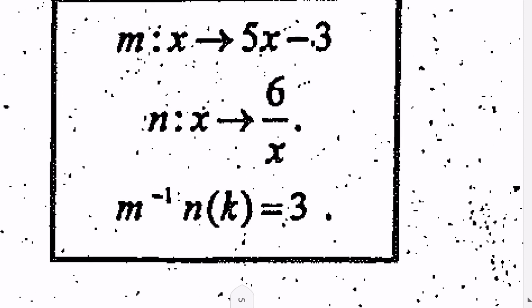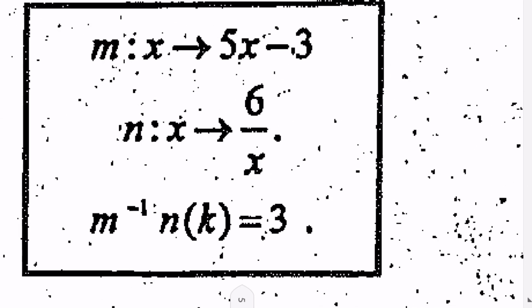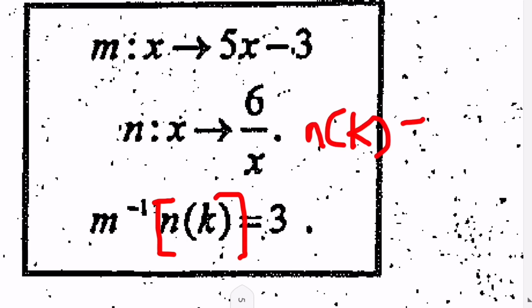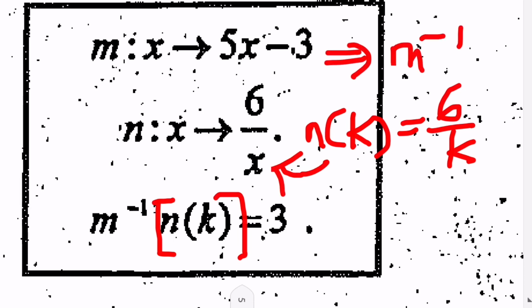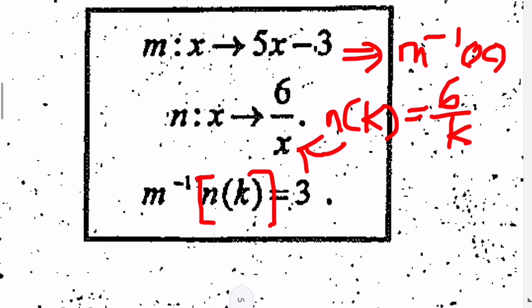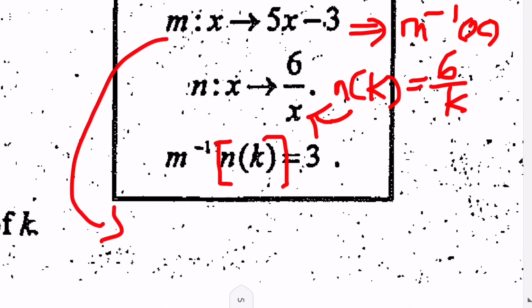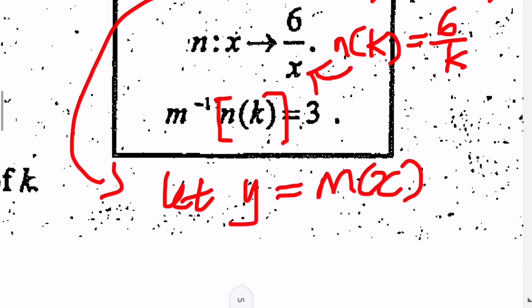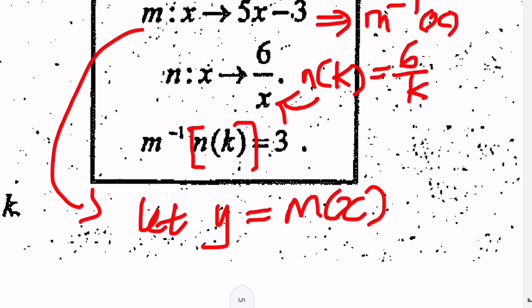So you are given the function m(x), n(x), and also the inverse function of m. For the inverse function, you have the object n(k). So we substitute k into the function n. So n(k), you will have 6 over k, right? Alright, so we leave it first.